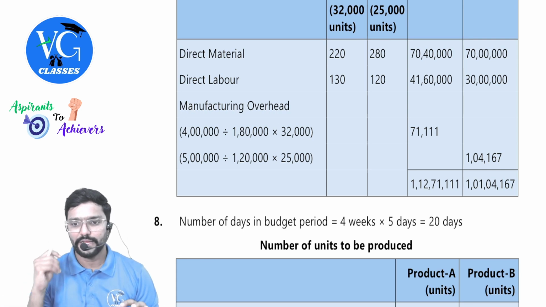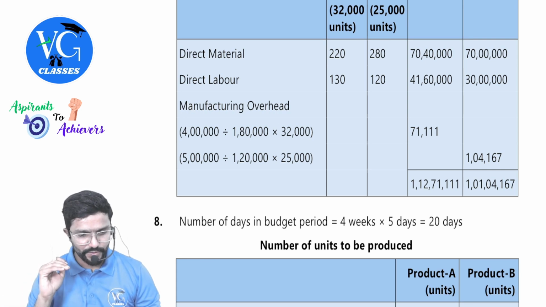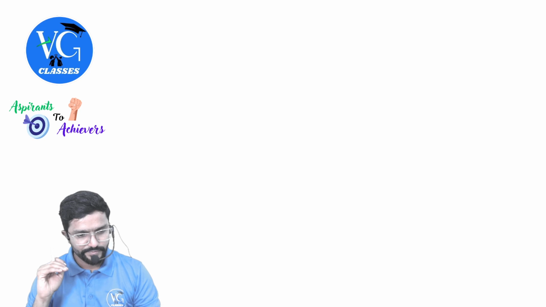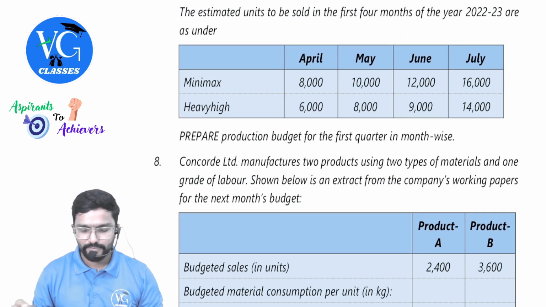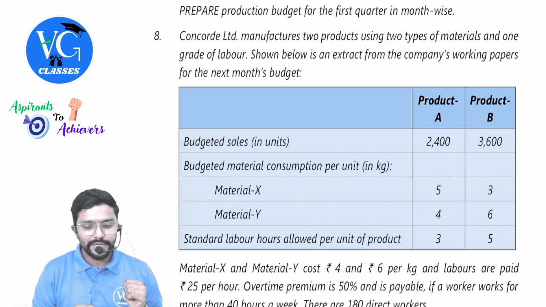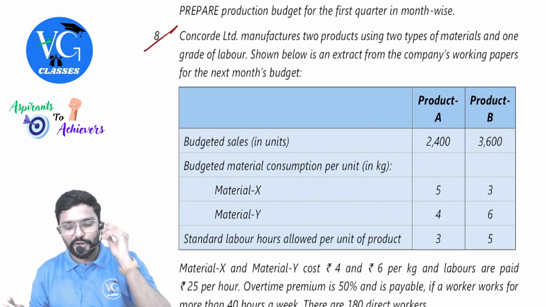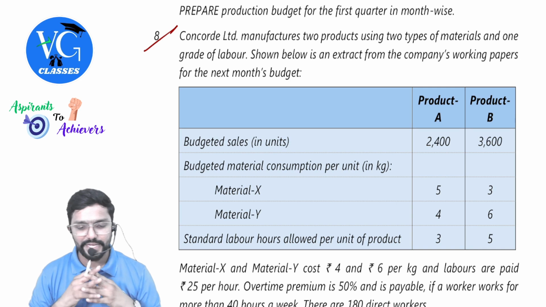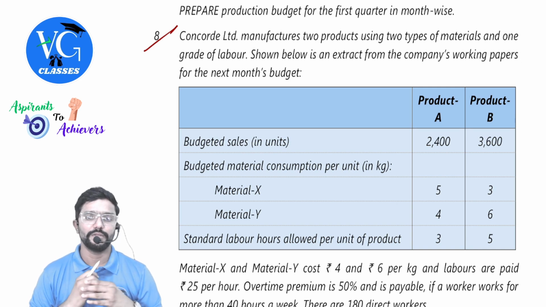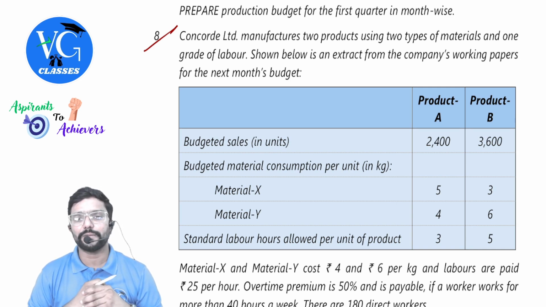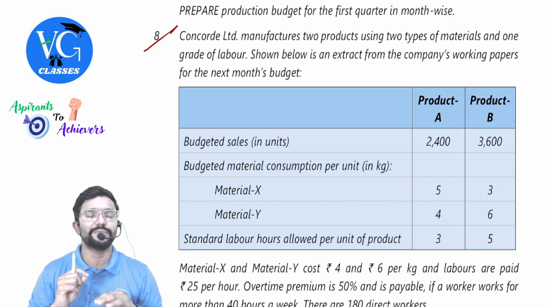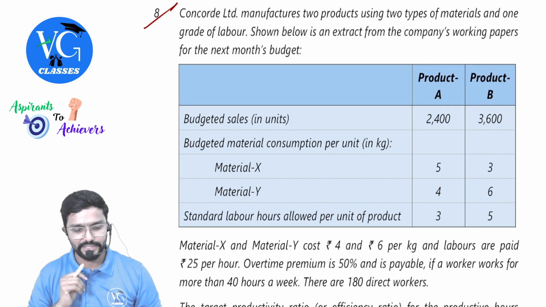Yeah, let us move to the next question. Question number 8. Concord Limited manufactures two products using two types of materials and one grade of labor. Shown below is an extract from the company's working papers for next month's budget.